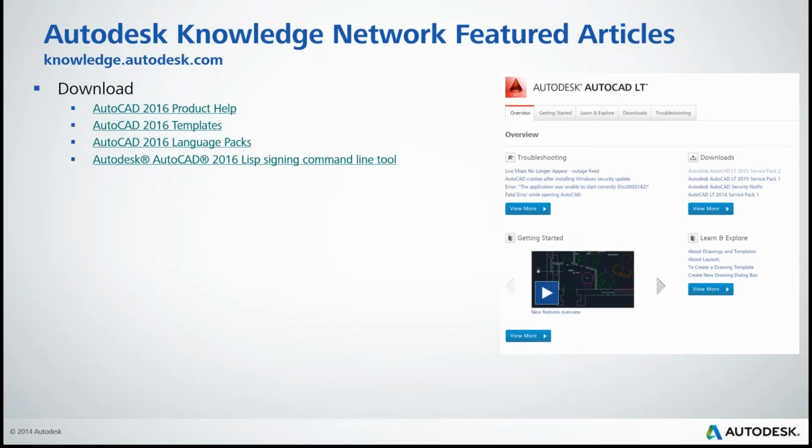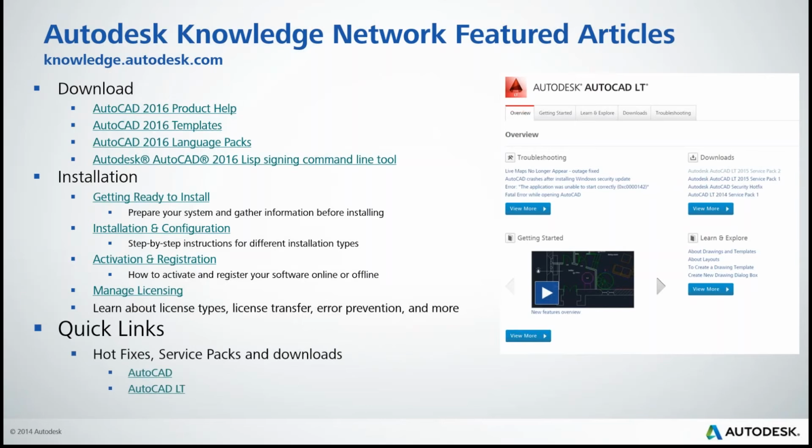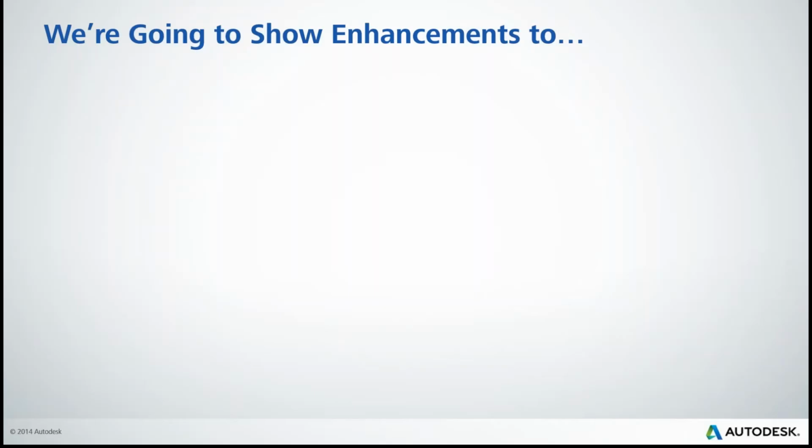So you'll see when we talk about the security features how that would come in handy for you. Also, some installation documentation is available on this website. So if you're wanting to have some additional assistance with installation, be it network or standalone activation, this is a great resource, this website. Also, links to hot fixes, service packs, and downloads.